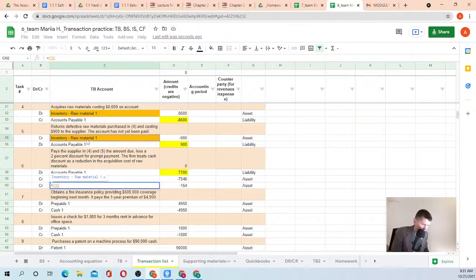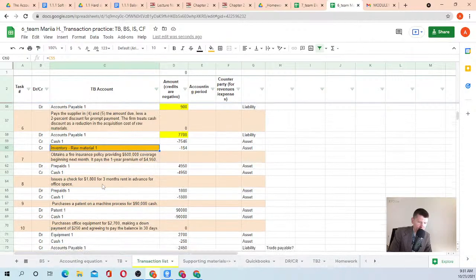should be raw material. It's not a big deal, but to be on the safe side, we better be as granular as possible and show as much of the details of the accounts as we can.